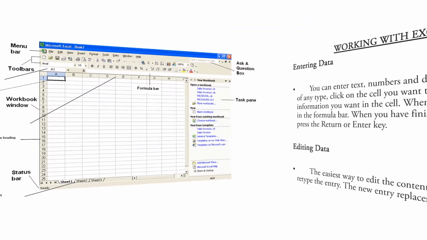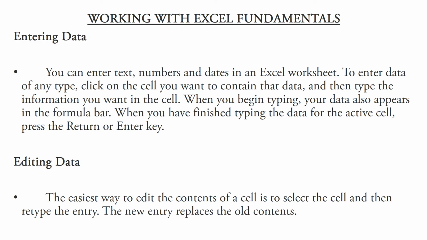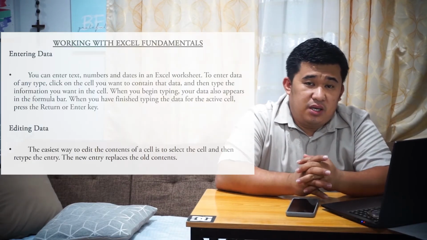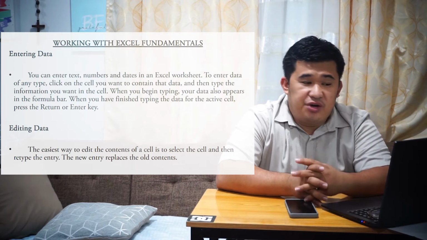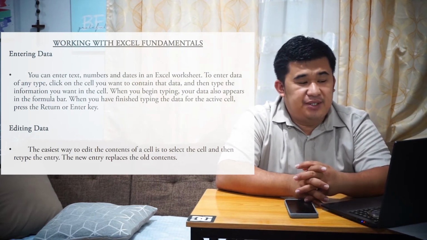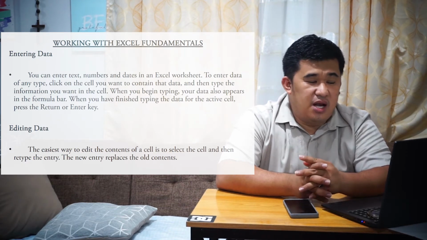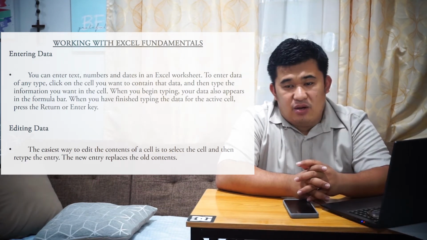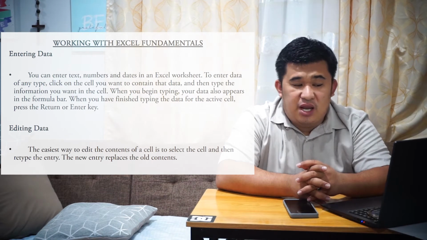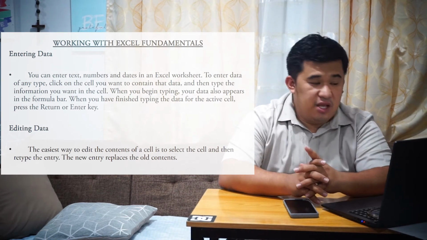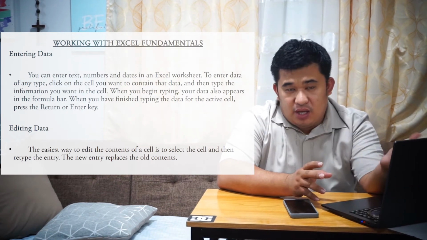So, in working with Excel fundamentals, paano tayo mag-enter ng data or data entry in Microsoft Excel? In entering data, you can enter text, numbers, and dates in an Excel worksheet. To enter data of any type, you can click on the cell you want to contain the data, and then you type the information you want to enter in the cell.